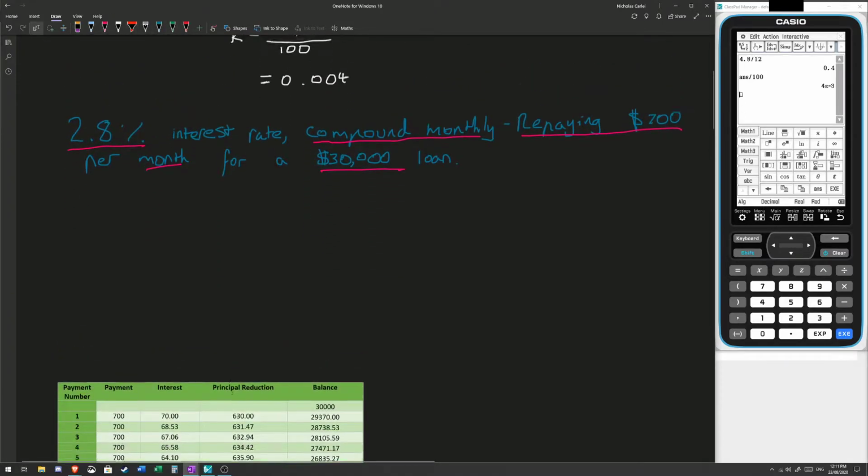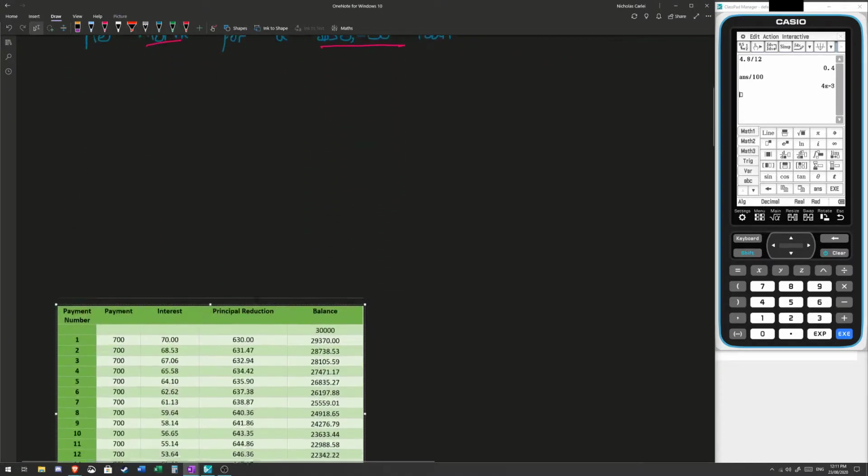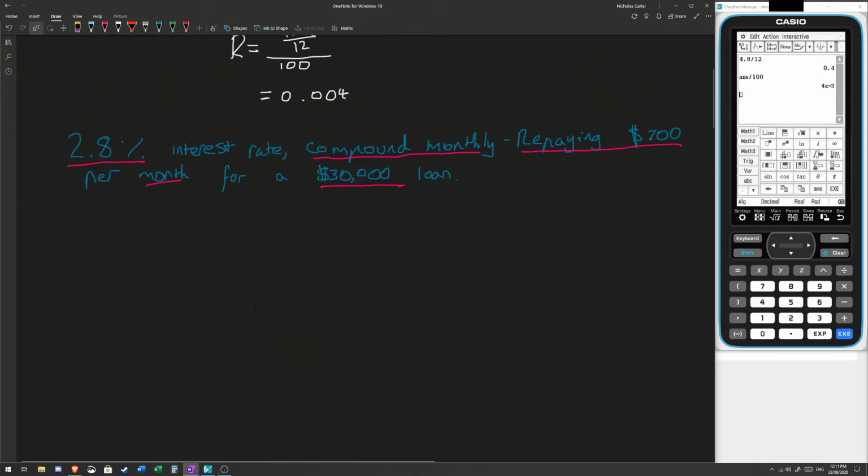So I'm just going to keep moving that down. So for amortization, the columns in our table are payment number, right? Payment amount, right?